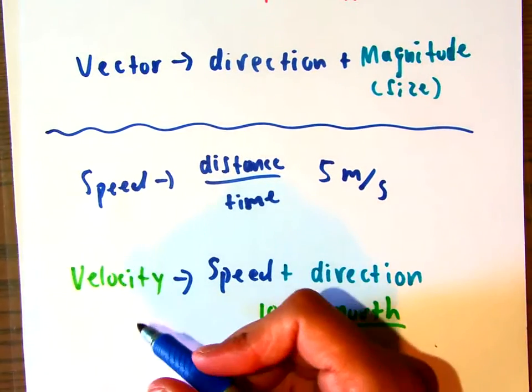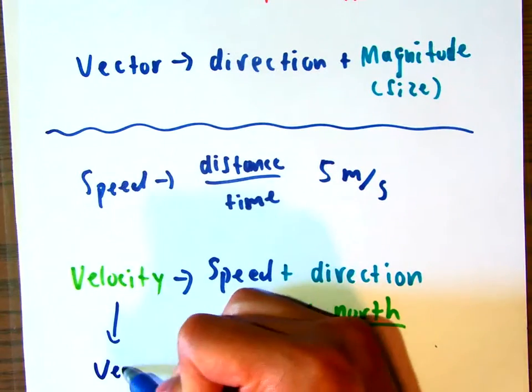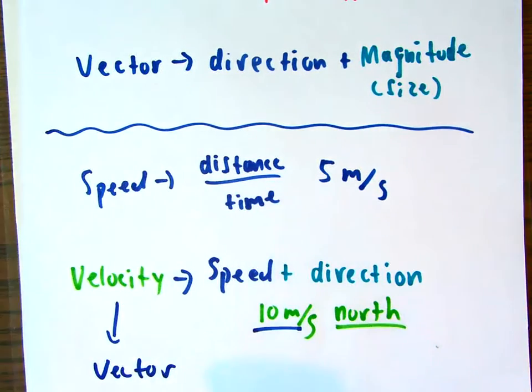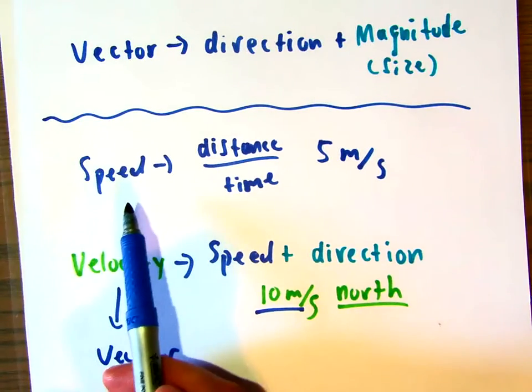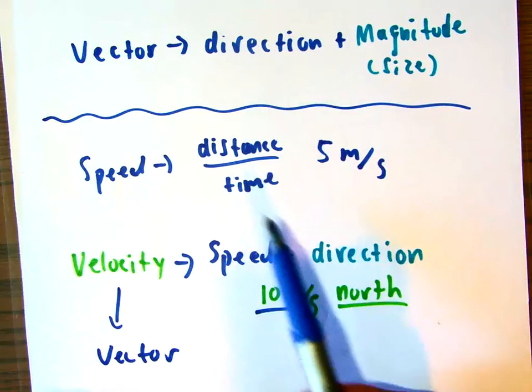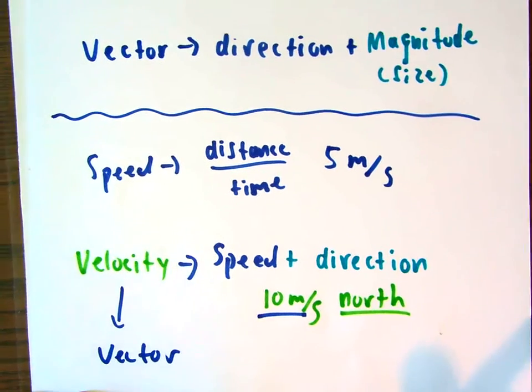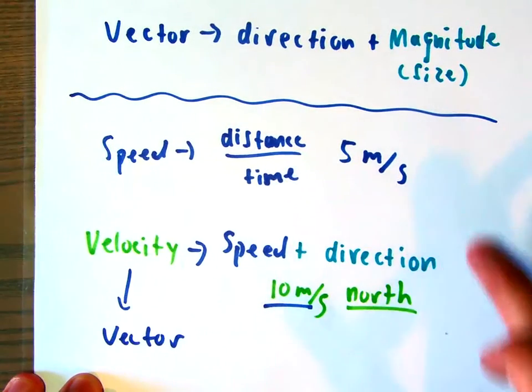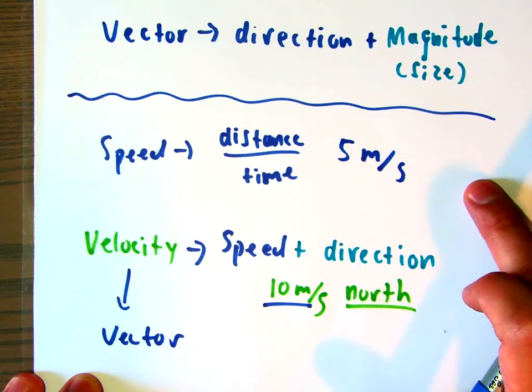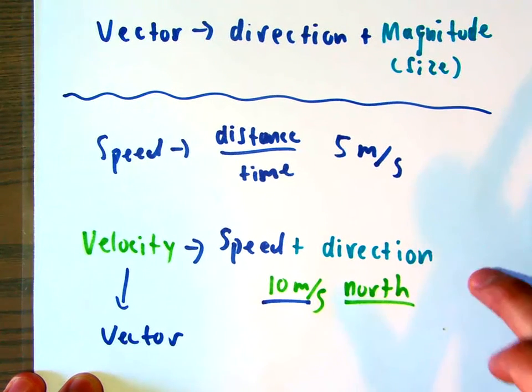So velocity is what we call a vector quantity. Speed is not a vector quantity because speed only talks about how fast, your magnitude, but it doesn't refer to direction. That's just a small distinction you need to know. Speed is how fast you're going, velocity is how fast you're going plus direction.